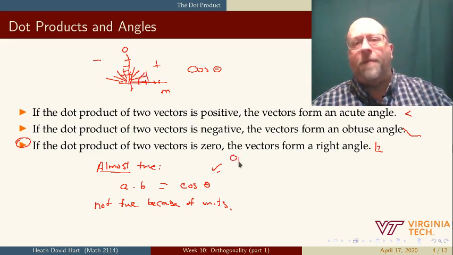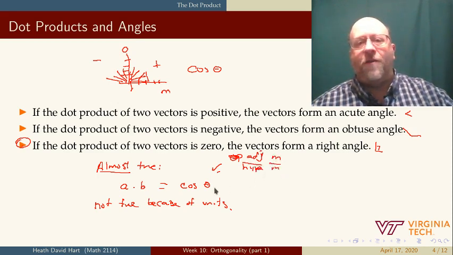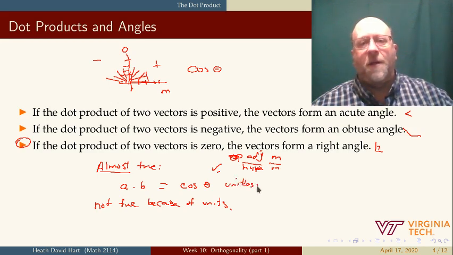It's like an opposite side, no, an adjacent side, I do know the difference, over the hypotenuse, which is something in meters divided by something in meters. This side is unitless, but this is a product. It's the product of the x coordinates times the y coordinates, which is something in meters times something in meters. This side is in meters squared.